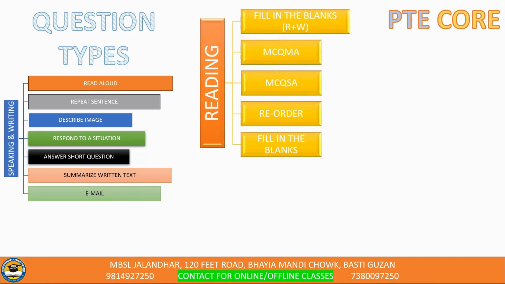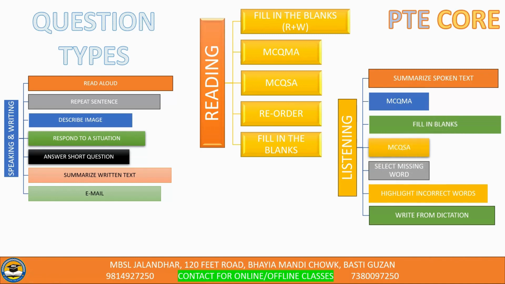Next is reading: fill in the blanks (reading and writing), MCQ MA, meaning multiple choice question multiple answer, multiple choice question single answer, reorder sentences, and fill in the blanks. Listening is the lengthiest module, containing summarize spoken text, multiple choice multiple answer, fill in the blanks, multiple choice single answer, select missing word, highlight incorrect words and write from dictation.